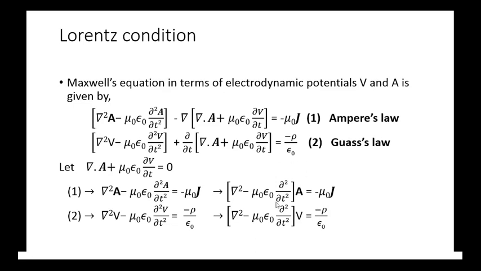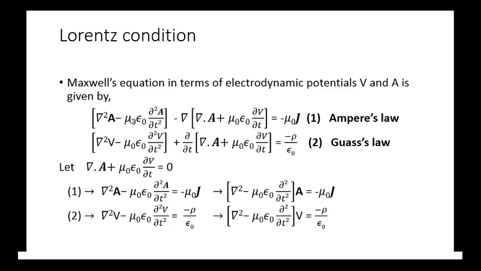See, what is the advantage of giving that condition, that is del dot A plus mu 0 epsilon 0 dou V by dou T is equal to 0? Why did we give this substitution? See, in the Ampere's law, we had expressed this Maxwell's equation in both A and V, isn't it?